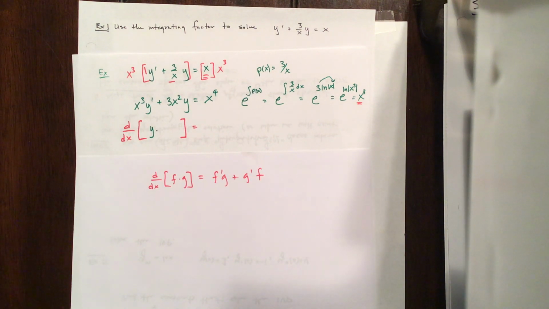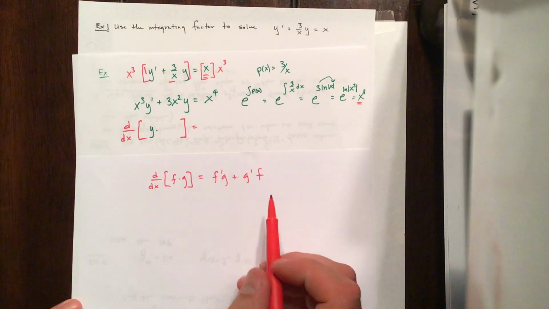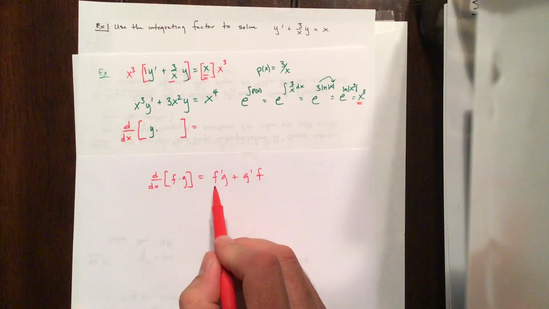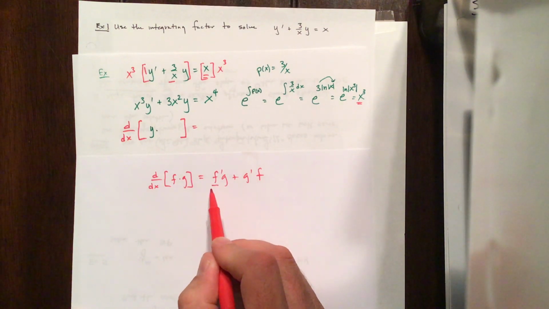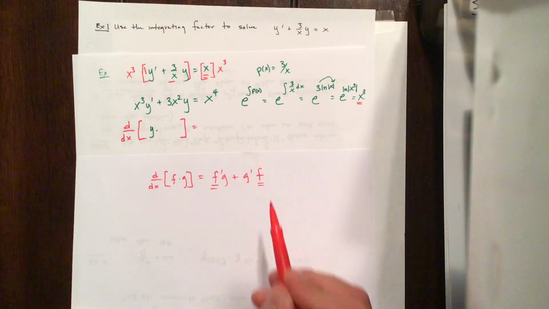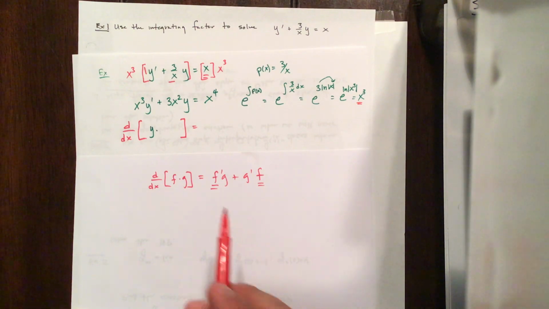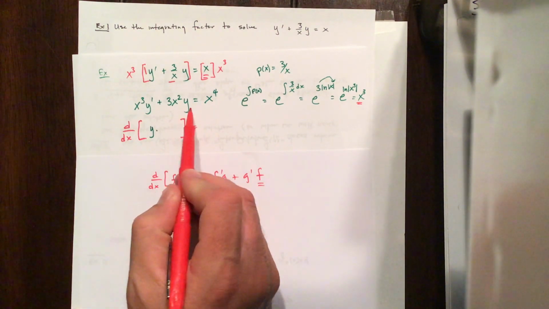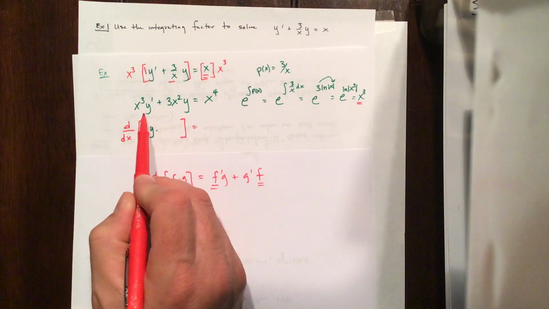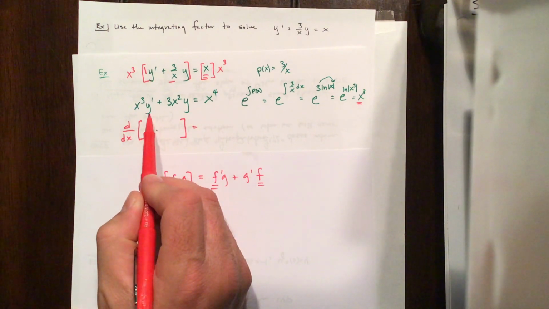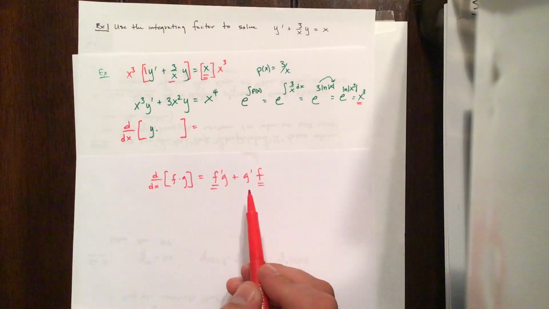So it doesn't matter which one you pick. The derivative of f is going to be present and f is going to be present. So that means y would be acting as f, y prime would be acting as f prime. Well, what would be acting as g?